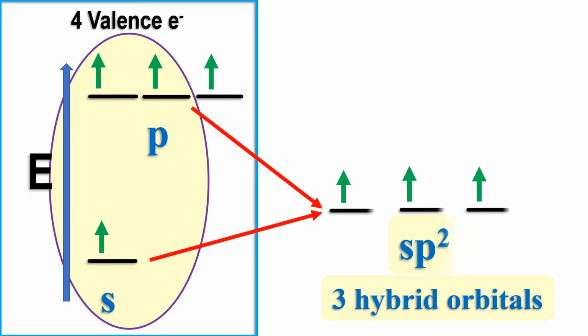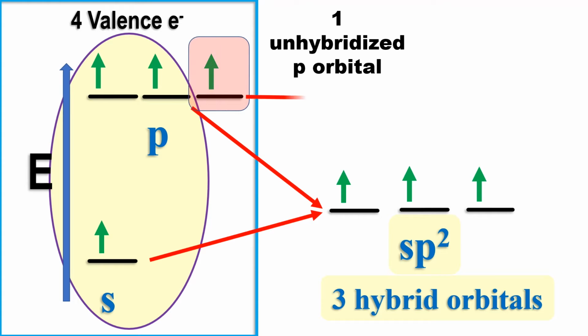These are called sp2 orbitals. In this case, notice there is one unhybridized p orbital. Following Hund's rule, there are still four unpaired electrons for carbon, three in the hybridized orbitals, and one in the unhybridized p orbital.